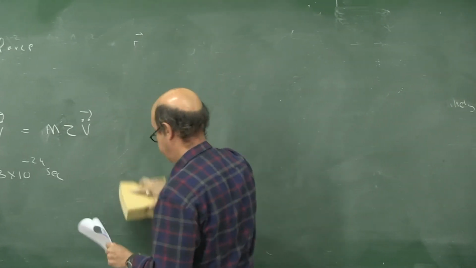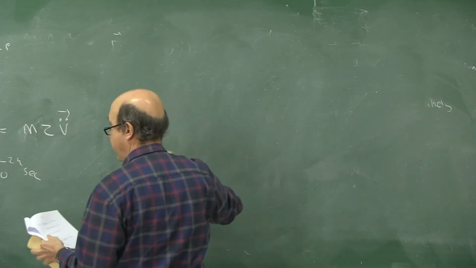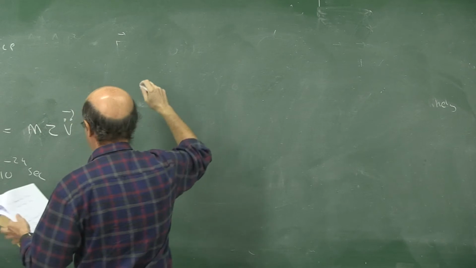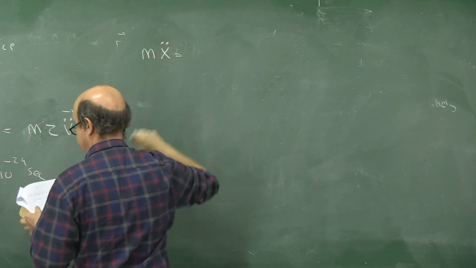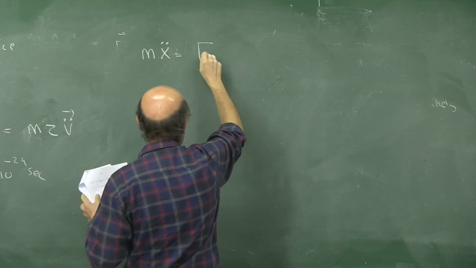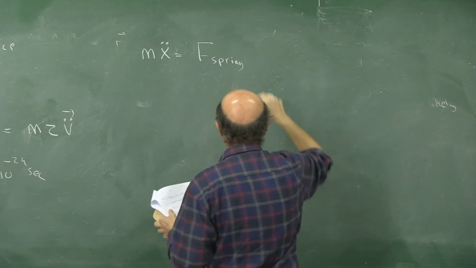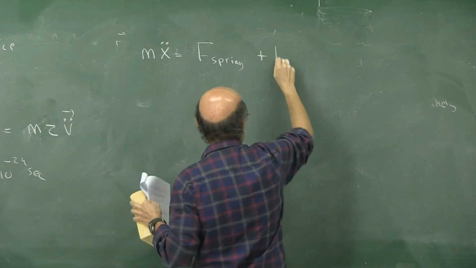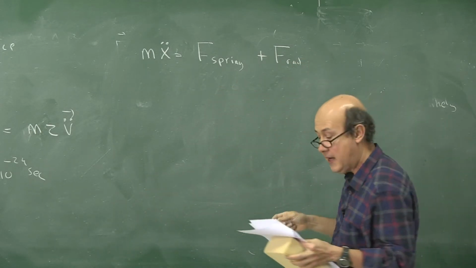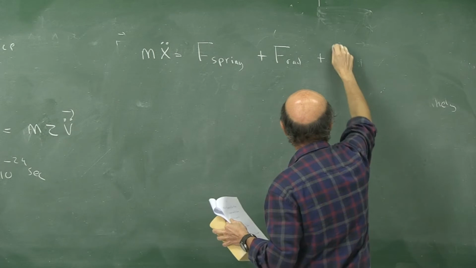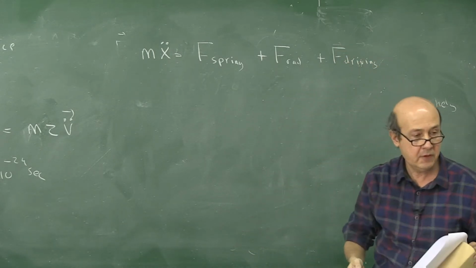Now let us write mass times acceleration, let's say in one dimension. Suppose that we have a spring, a harmonic oscillator. We have this nice radiation reaction force we learned now, and let us have the driving force.